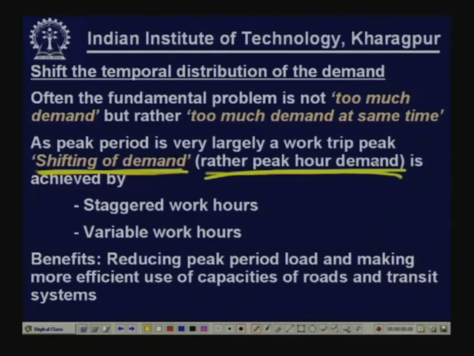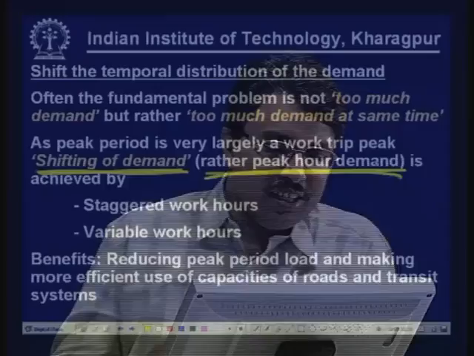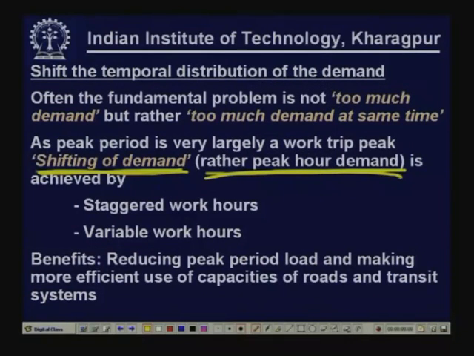Mitigate the peak hour demand: let the total demand even be the same, but can we distribute the peak hour demand over a larger period of time, so that at no hour the demand is more than the capacity? Reduce the peak and spread it over longer hours. That can be achieved by staggered work hours and variable work hours.